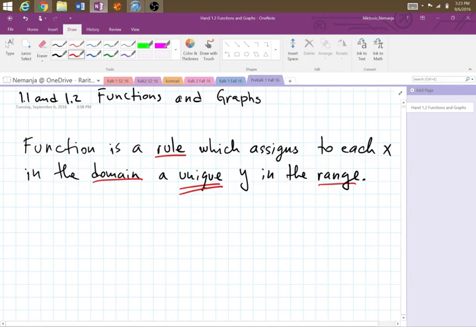So the rule, word rule, refers to a formula that you can write down. So let's just do this and say formula. That's very, very simple to understand. Now, domain. Domain is going to be set of all possible input values. Set of all possible inputs.